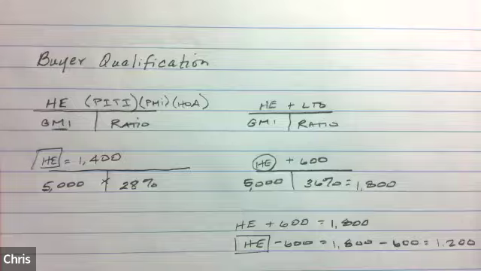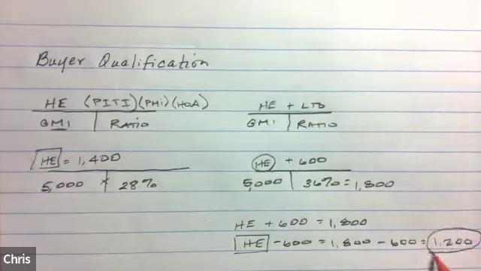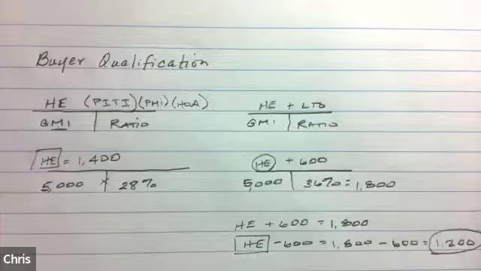And so when in doubt, when you're asking a question about the maximum loan amount or the maximum monthly payment, the answer is always going to be the lesser of the two. I would love it if that made sense to you logically, that the banks are always going to take the most conservative position. However, if you don't understand it logically, just always remember maximum housing expense is going to be the lower of the two.